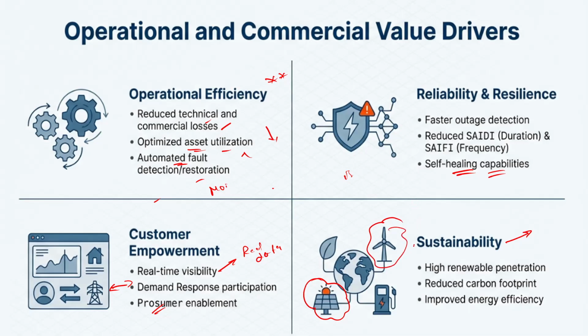These are all eco-friendly, so we are trying to cut down some of the carbon footprint. That is what it is all about. And yes, it will also improve the efficiency. So this is all about the operational and commercial value drivers for the smart grids.